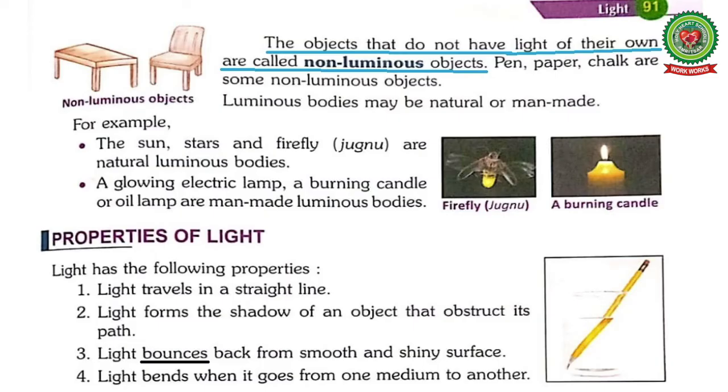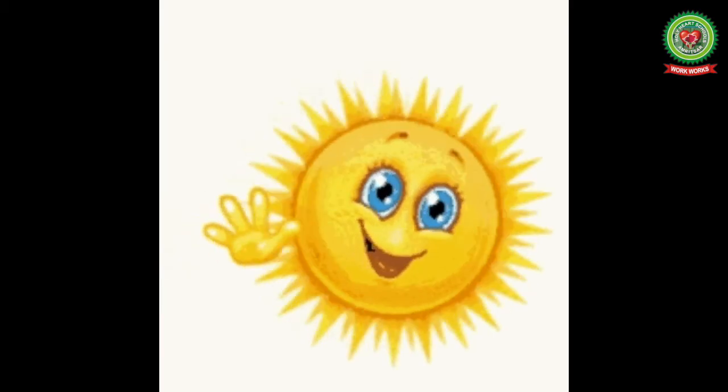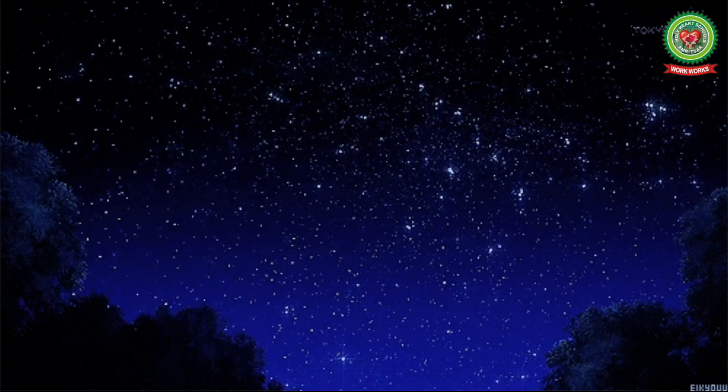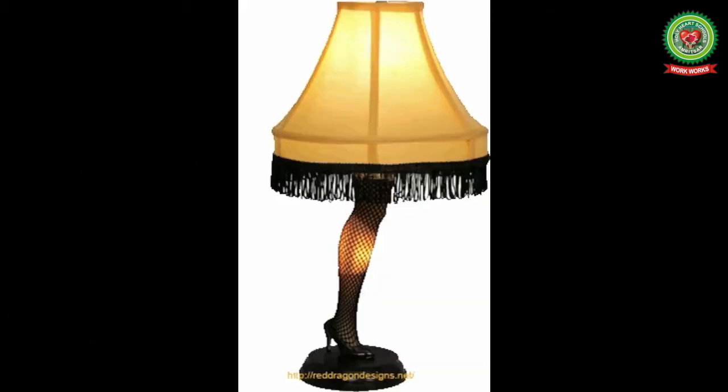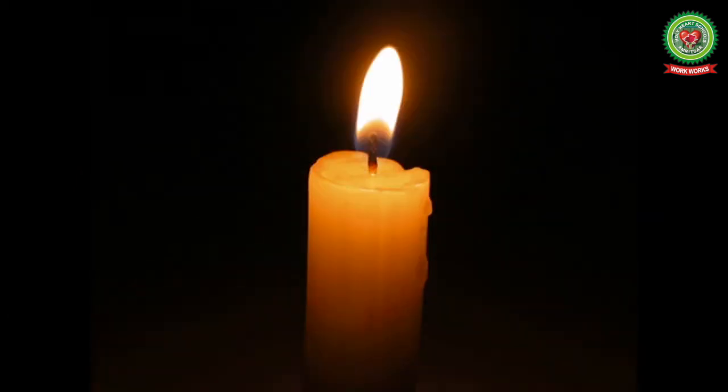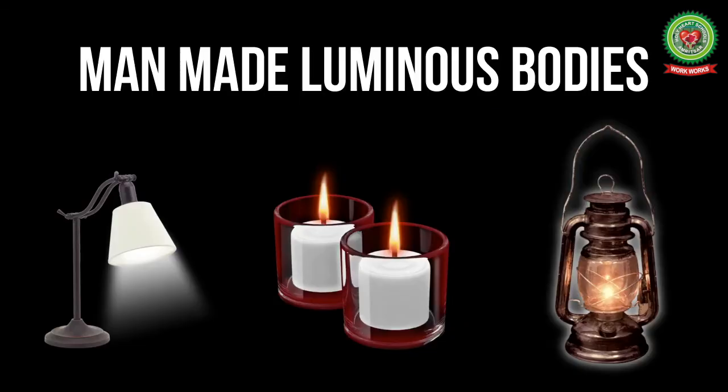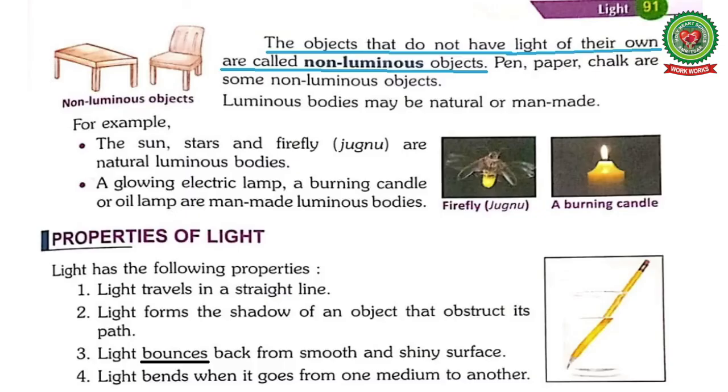Luminous bodies may be natural or man-made. For example, sun, stars, and firefly are the natural luminous bodies, whereas a glowing electric lamp, a burning candle, or an oil lamp are man-made luminous bodies.